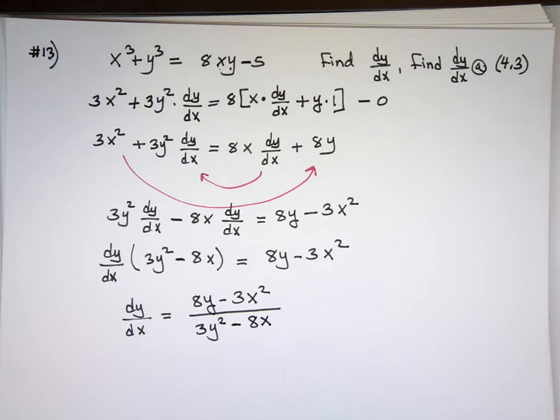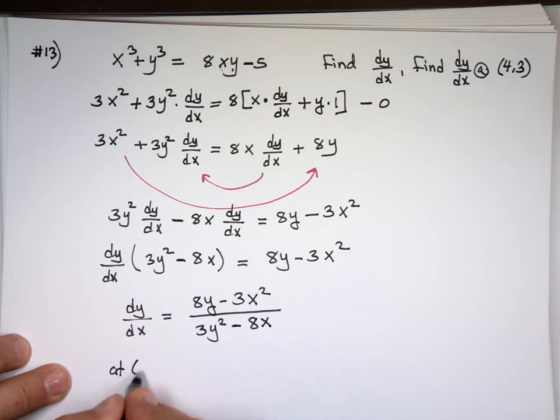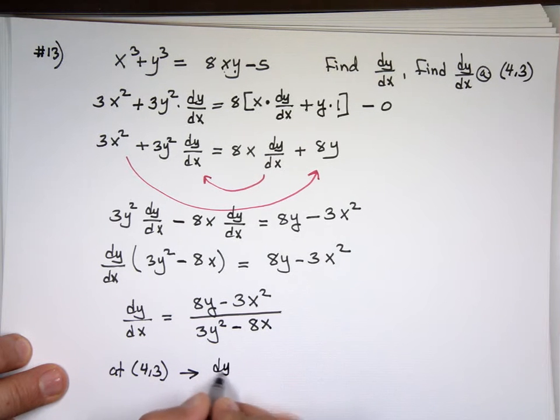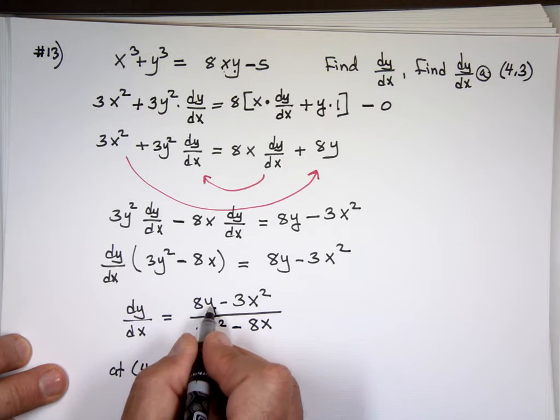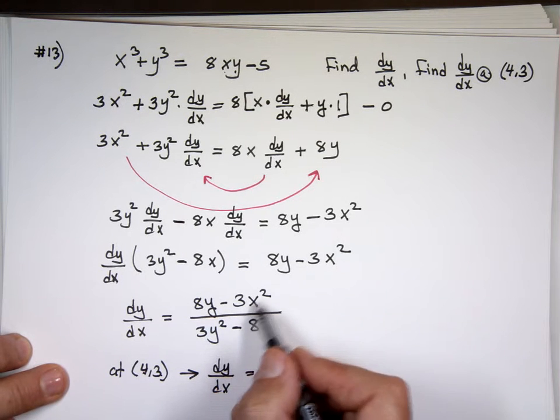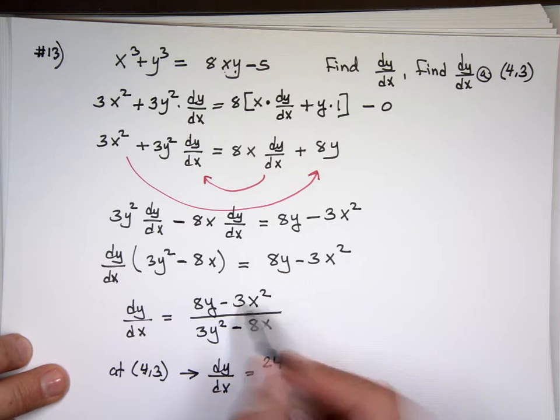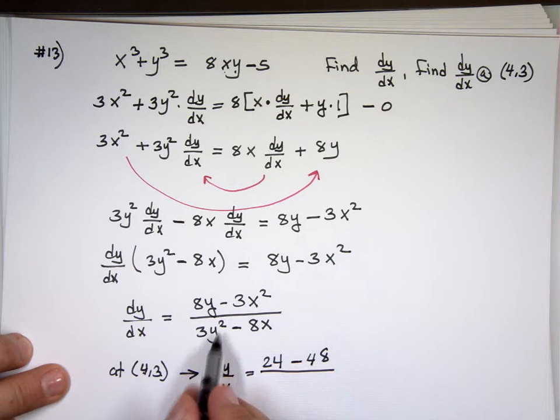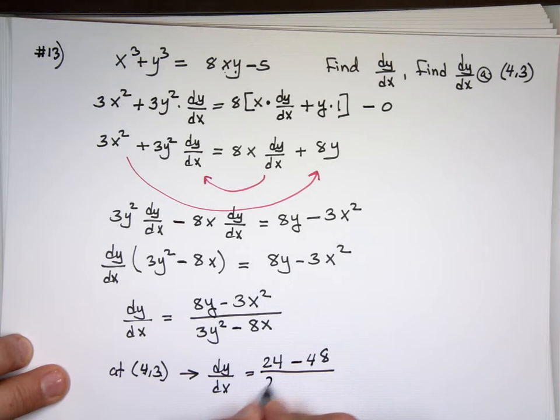In part B, it says at the point (4, 3). So what's the derivative at that point? x is 4, y is 3. 8 times 3, which is 24, minus 4 squared is 16, 16 times 3 is 48. y is 3, 3 squared is 9, 9 times 3 is 27. x is 4, 8 times 4 is 32.